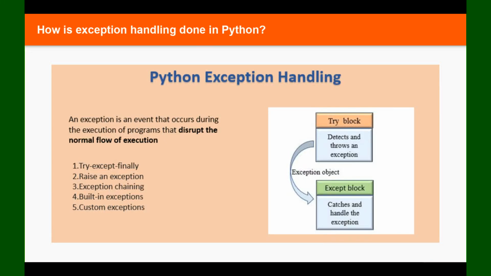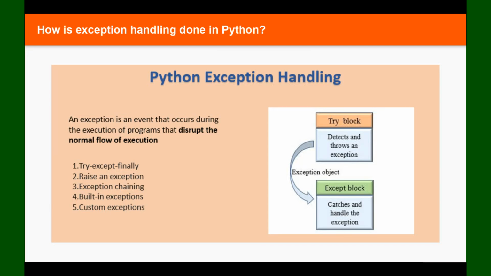Next question, how do we handle exceptions in Python? We can handle exceptions by using the try except method. In Python, exception handling is done using a try except block, which allows you to gracefully handle errors that occur during program execution rather than letting the program crash.